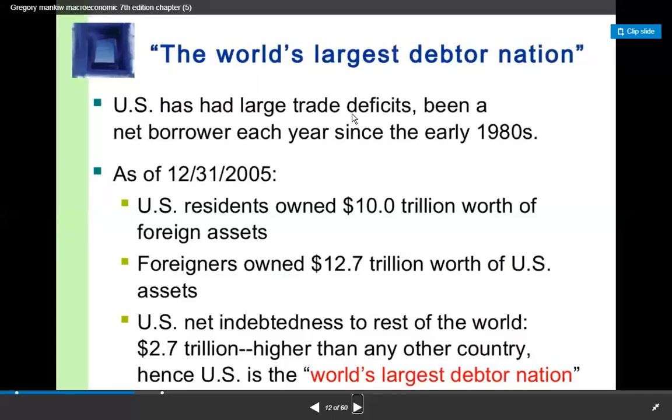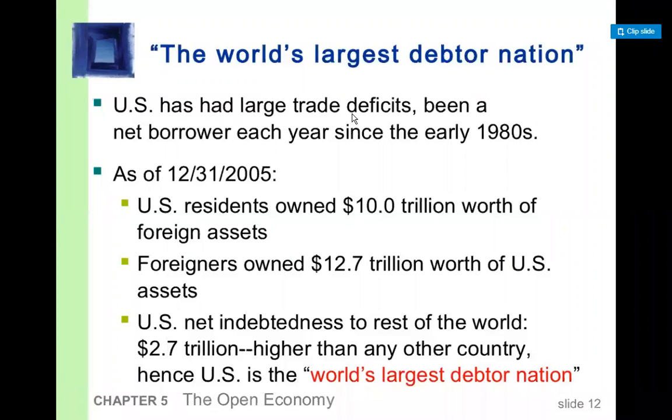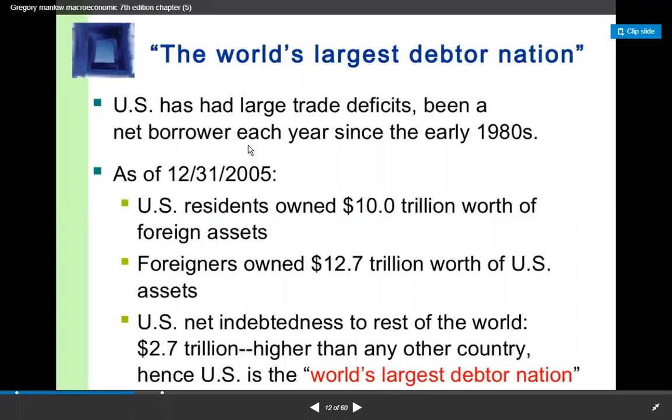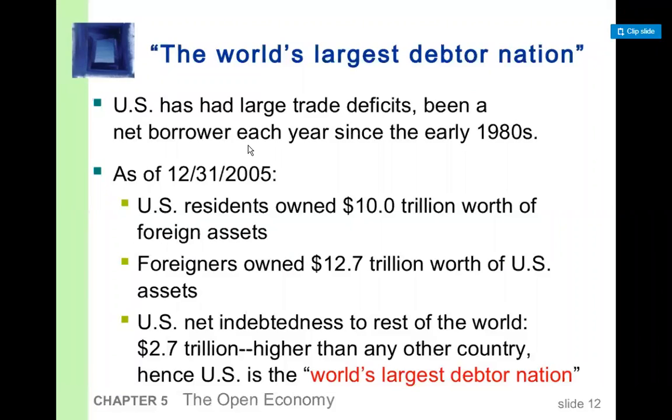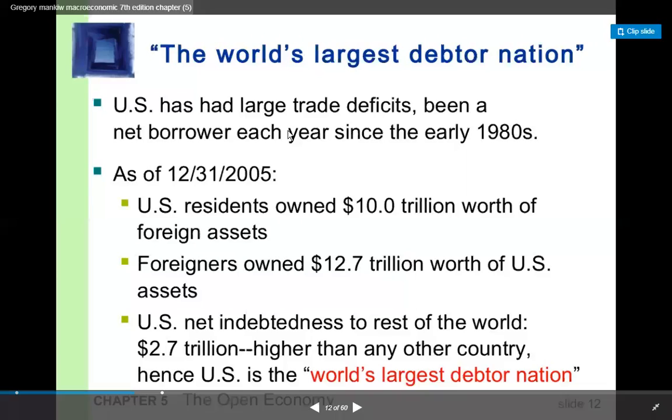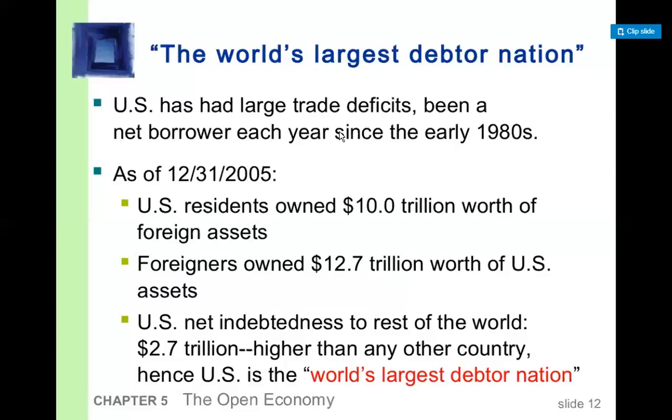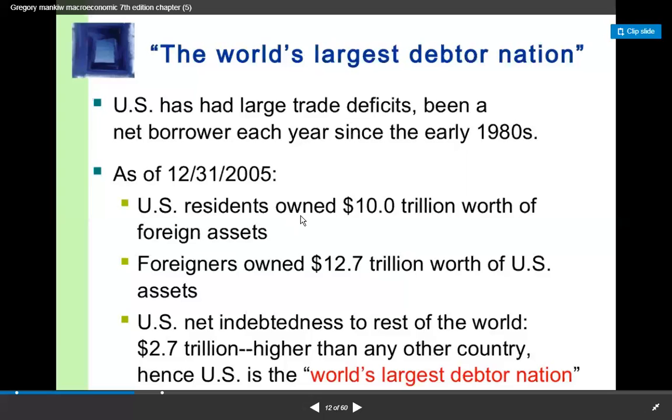As a result, when we find a trade deficit in the 1980s in the US, then at that time the US was a net borrower. Why was the US a net borrower? Because in the US, demand for loanable funds was greater than the supply of loanable funds. Getting the point? So at that time, the US was the largest debtor nation of the world.